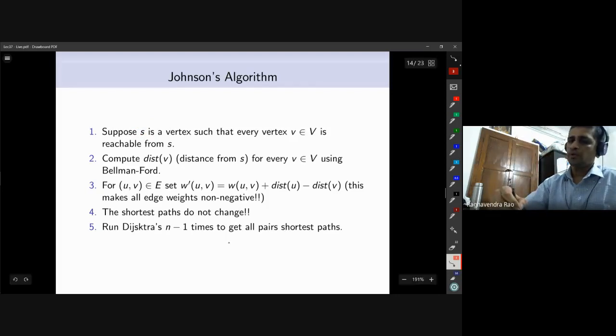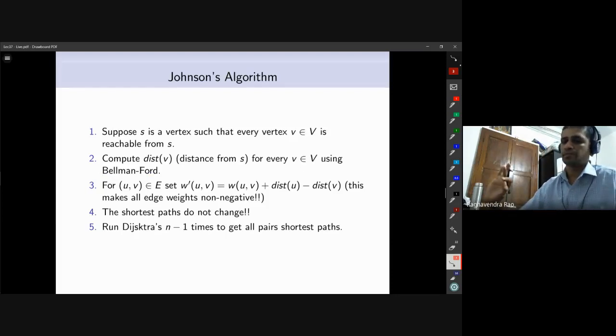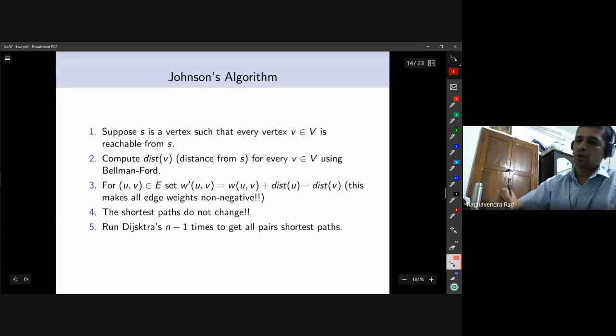Now you compute the distance of V from S. This can be done using Bellman-Ford, so you are running Bellman-Ford once. Now the interesting thing happens. You modify the edge weights as follows: you take w(u,v) plus distance of u minus distance of v.